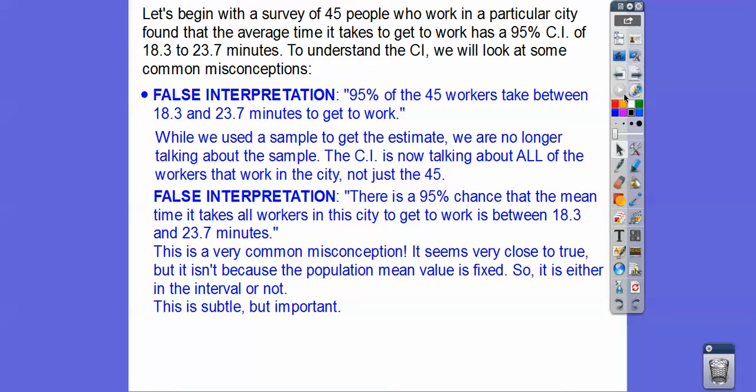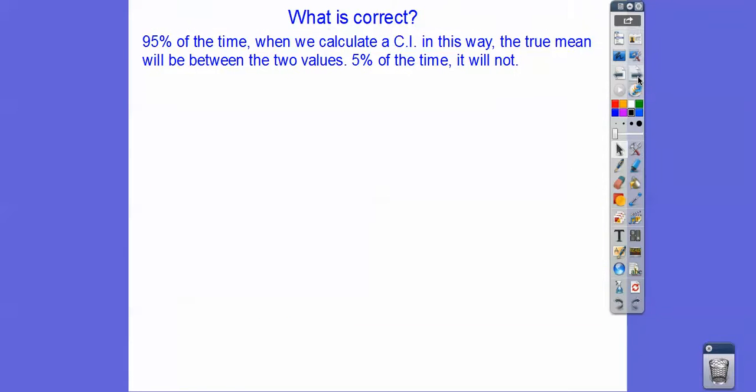If we did 100 samples of 45 people and calculated a 95% confidence interval each time, then 95% of the time our true mean will be contained in the confidence interval that we calculate. The confidence interval will be different from sample to sample, but 95% of the time it'll contain the true mean.